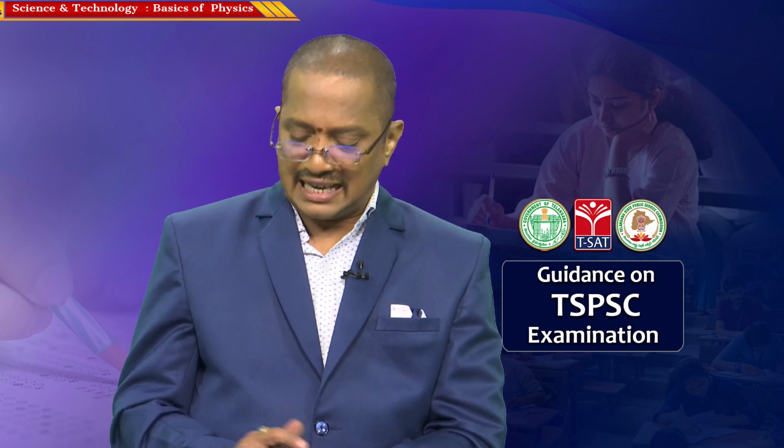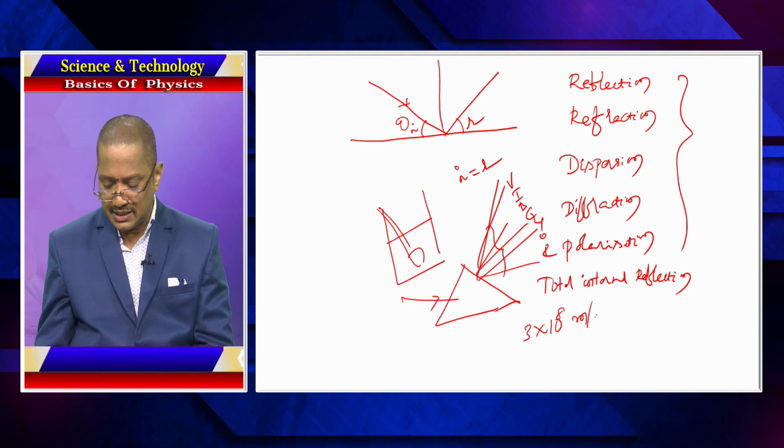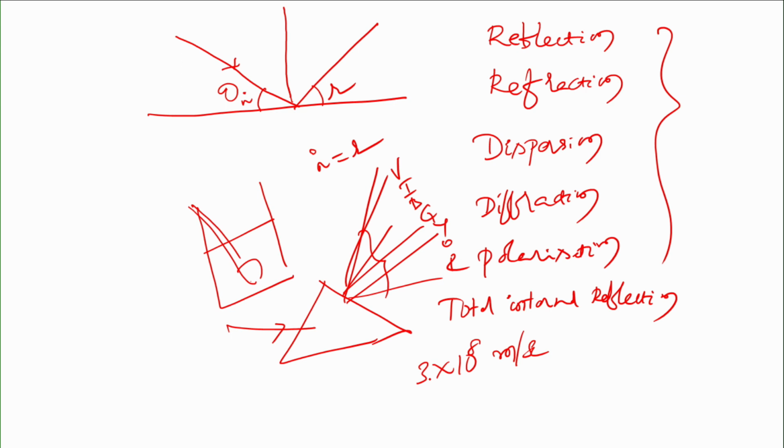The velocity of light is 3 into 10 power 8 meter per second. As you know, there are two theories: Newton's corpuscular theory and Huygens' theory.